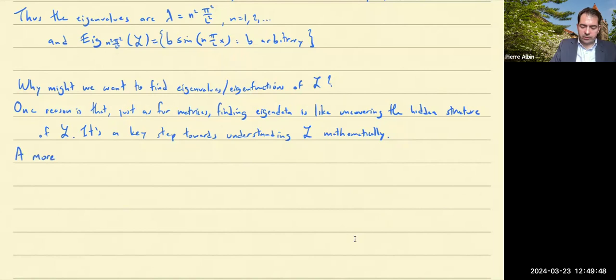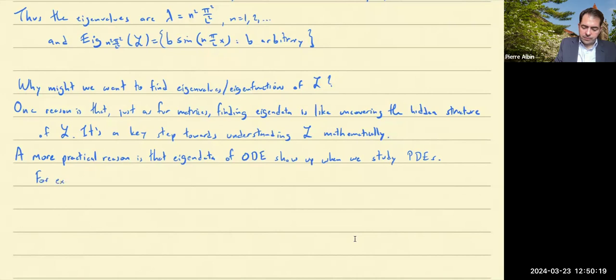A more practical reason is that eigendata of ordinary differential equations show up when we study partial differential equations.